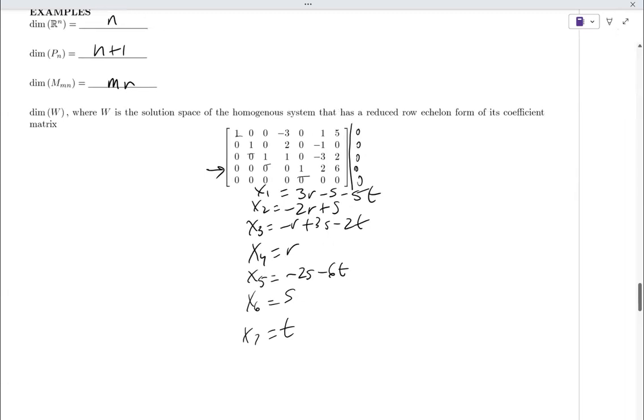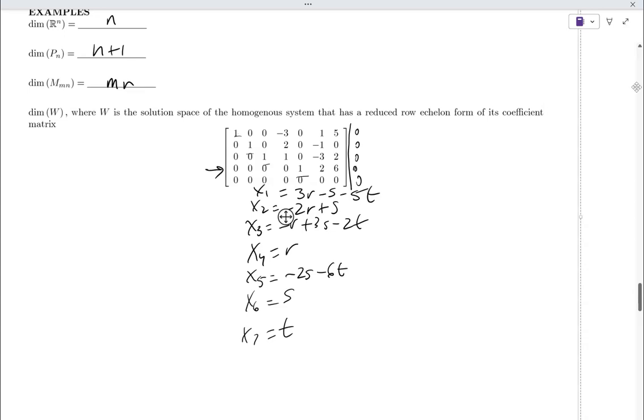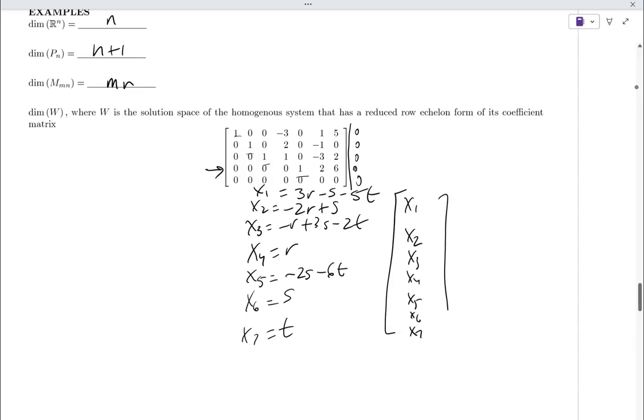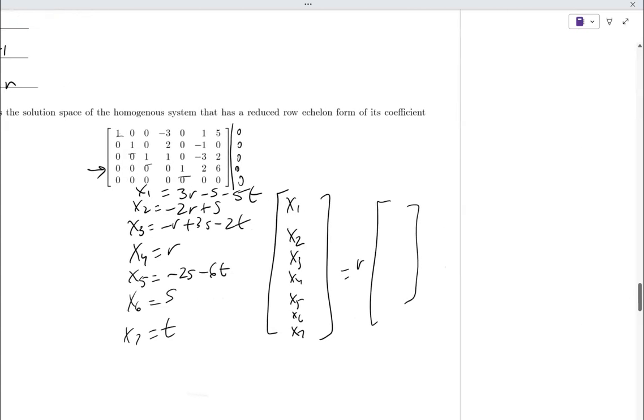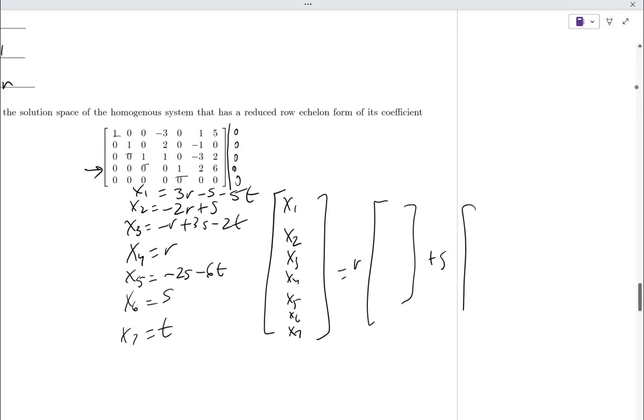Okay. Remember, we also wrote this in parametric form. You can pull out the r, pull out the s, pull out the t. What's getting multiplied by the r?